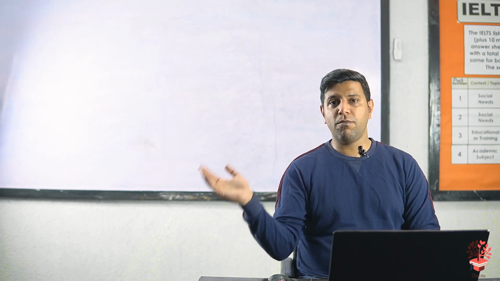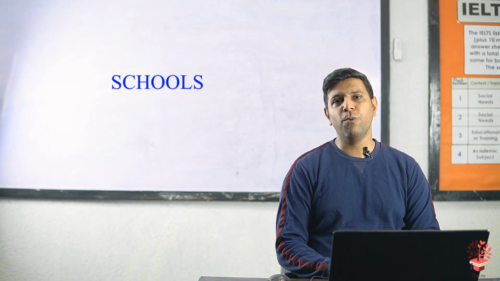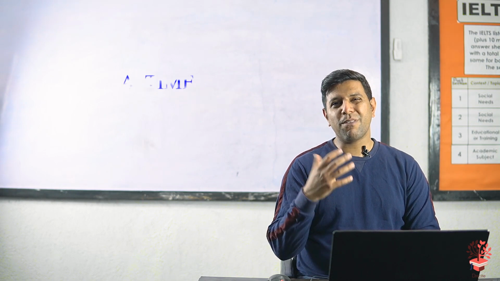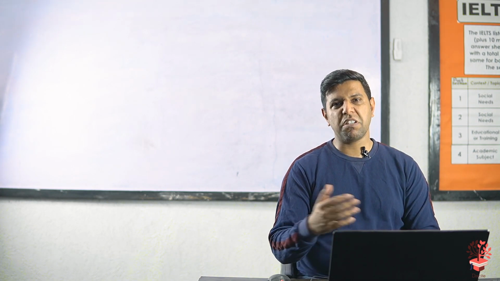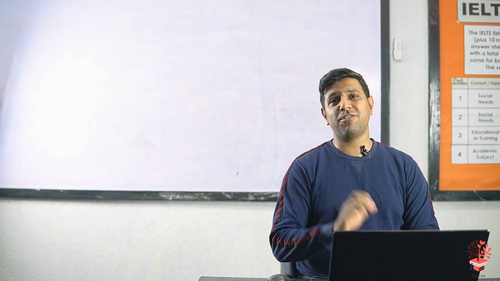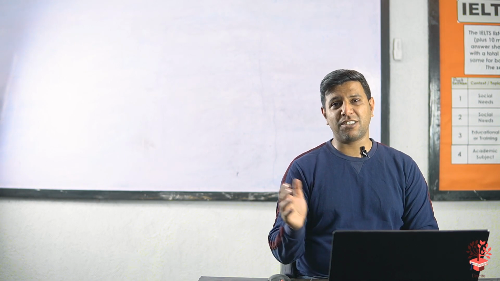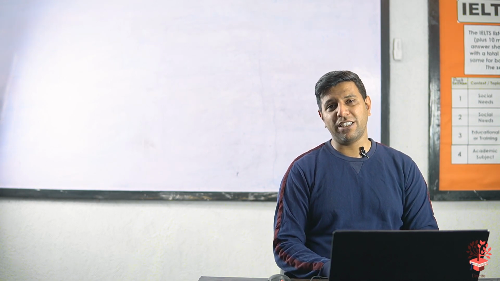Now on the flip side, if you look at the school, you can talk about time. A kid spends about 6 hours at school, and then when he comes home, he spends another hour or two with a book. So around 8 hours of active time in a day is spent at school or in educational activities. So I think they should take some responsibility, at least a lot of it.